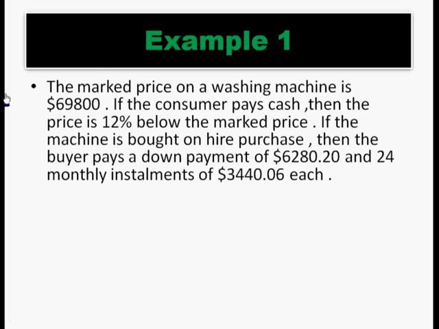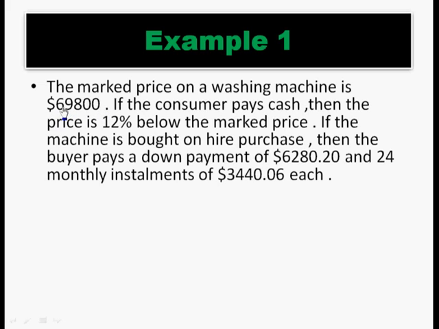Now, let us read this again, but let us read it slowly. Now, we are saying to you that the mark price. Now, the mark price is otherwise called sometimes the what? Selling price or the regular price. So the mark price on a washing machine is 69,800. So if you look at the washing machine, you'll see this cash value.